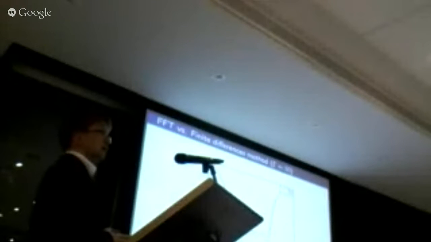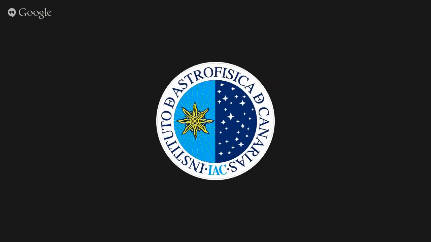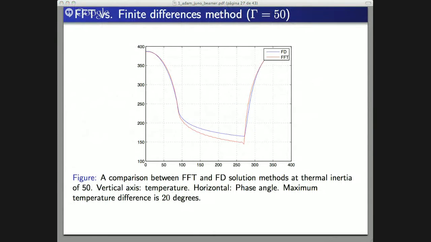Yeah, but the difference is large, but because we are interested in relative differences, and the phase angle is like 20 degrees, I think, there is not really a big difference, because the larger difference is on the night side of the asteroid.